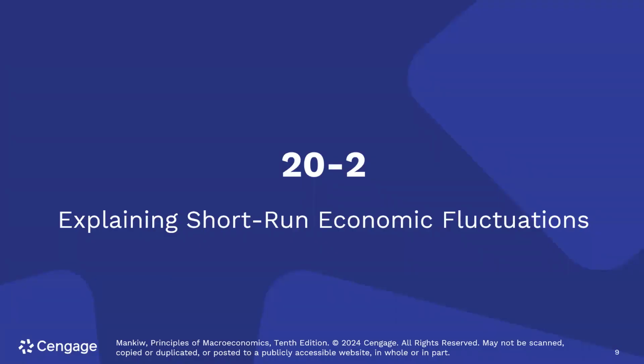right? So we can see that the economic fluctuation is a phenomenon that we can witness in the historical data. And then the most critical question for us is how can we understand this economic fluctuation?